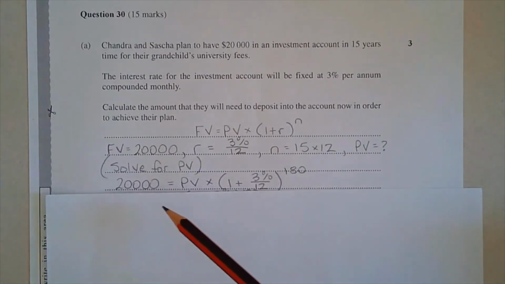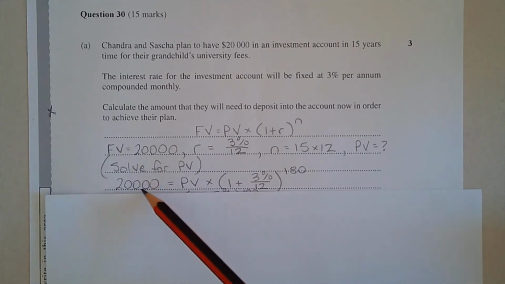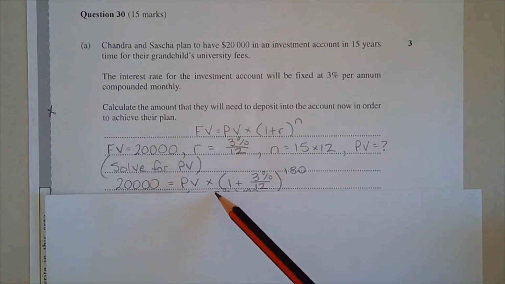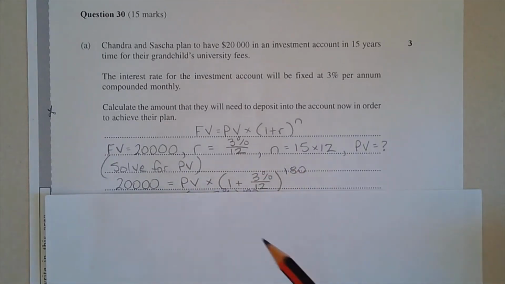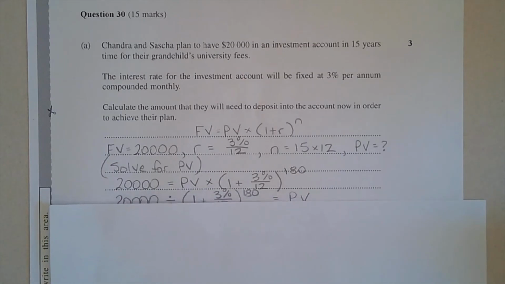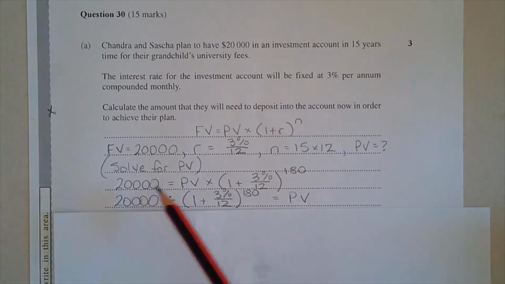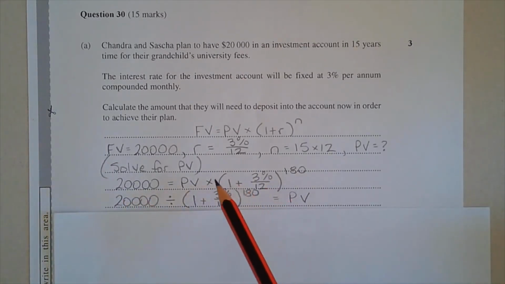So substituting in what we know, 20,000 equals PV multiplied by (1 plus 3% over 12) all to the power of 180. We need to make PV the subject of the formula. So we're going to divide both sides of the equation by what's in the brackets.